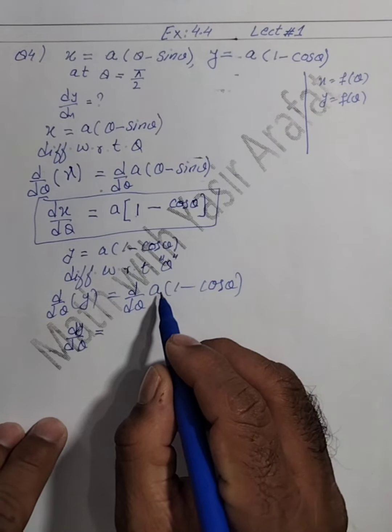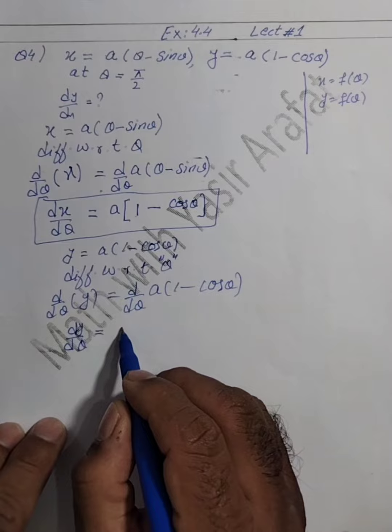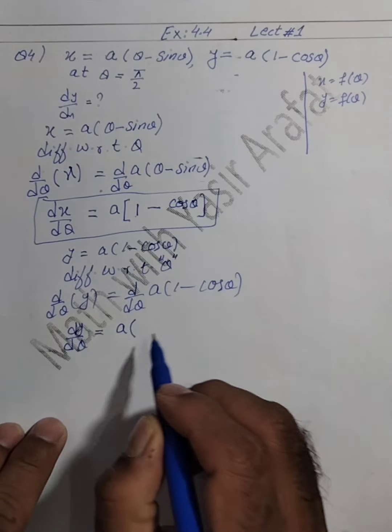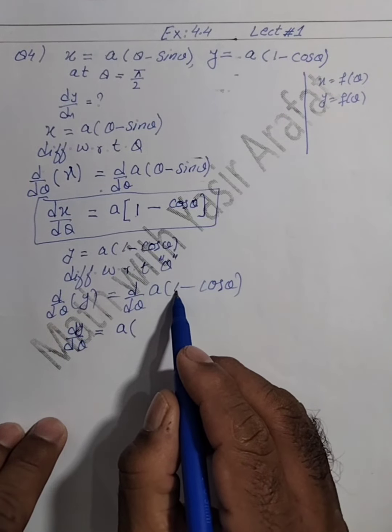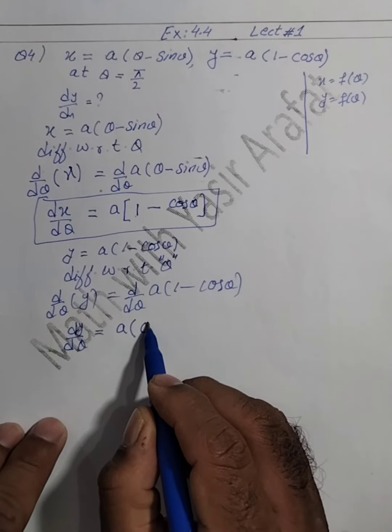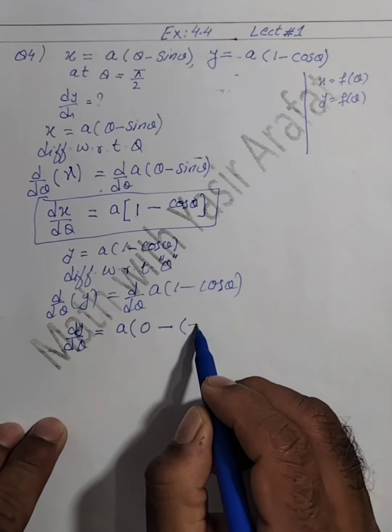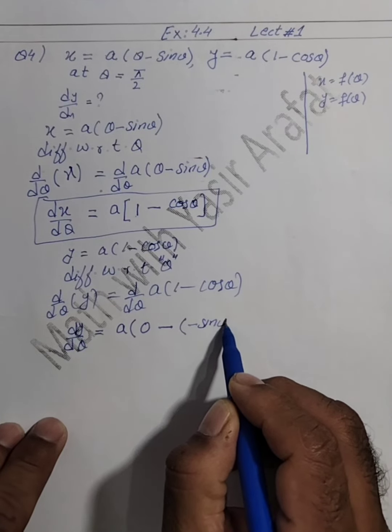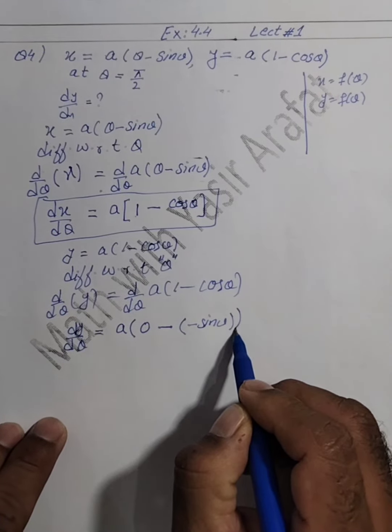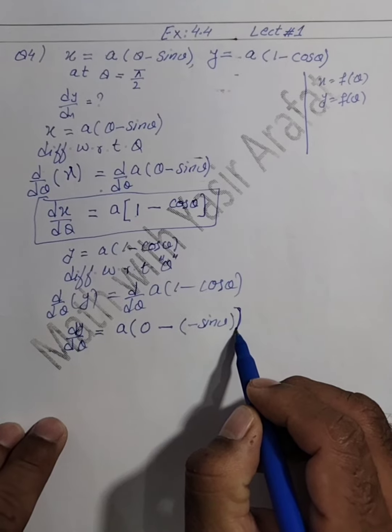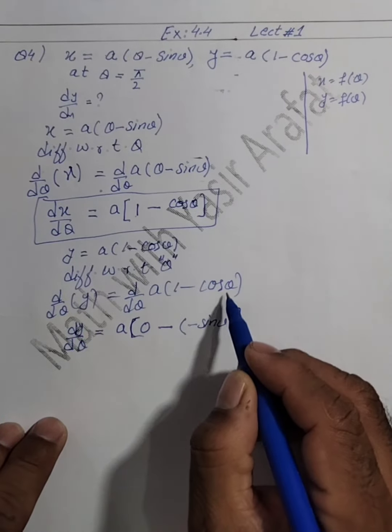Here a is a constant coefficient, so we separate it. Now the derivative of 1 is 0, minus the derivative of cos theta, which is minus sine theta.